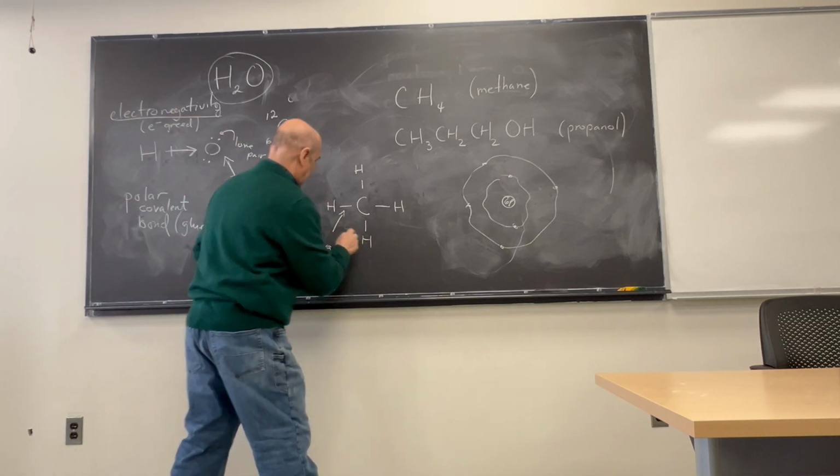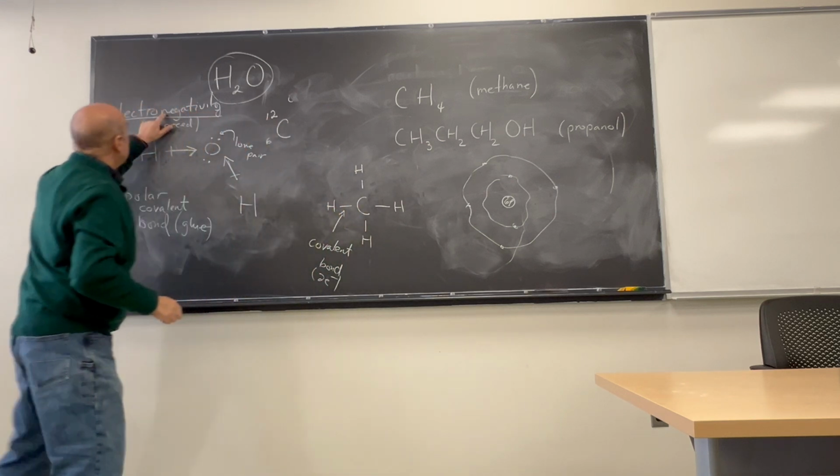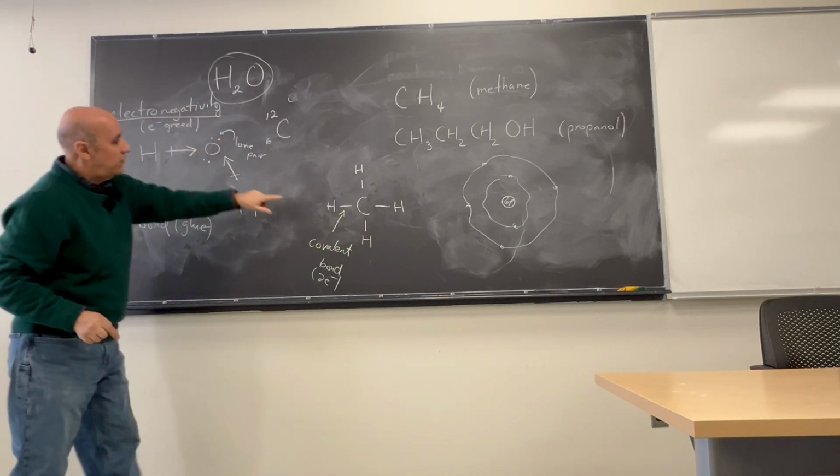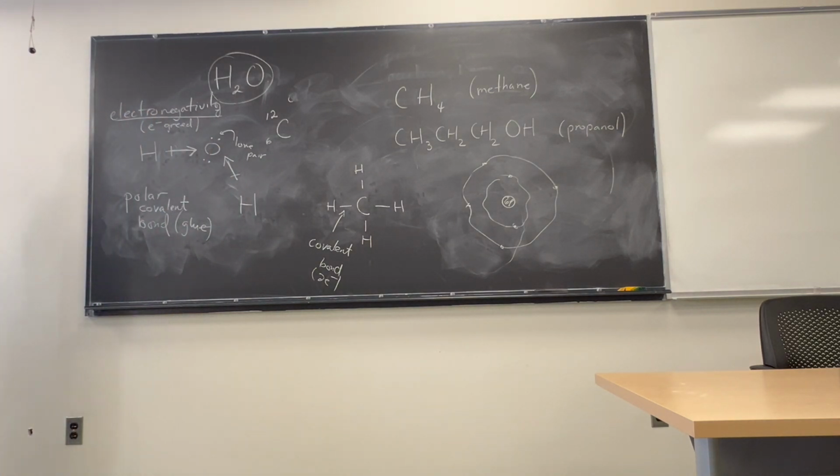Moreover, the greediness of hydrogen and carbon for electrons, the electronegativity of hydrogen and carbon, are about the same. Oxygen is very electron greedy. Carbon is not. Hydrogen is not very greedy. It's about as greedy as carbon is.